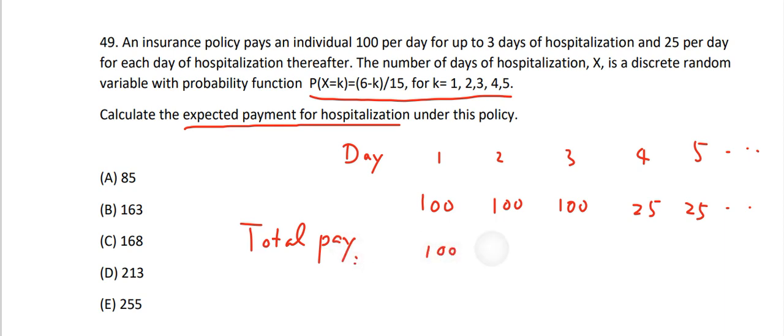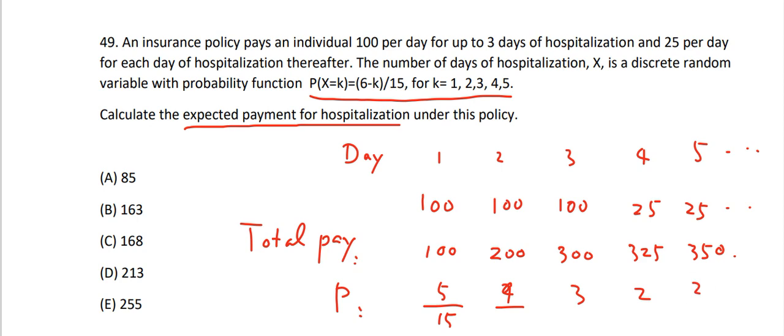Second day, if you stay in the hospital for 2 days, 200. 3 days 300. And 4 days, so 325. 5 days 350. Okay. And then probability: this is just 5 over 15, 4 over 15, 3 over 15, 2 over 15, 1 over 15, just 15 in total.